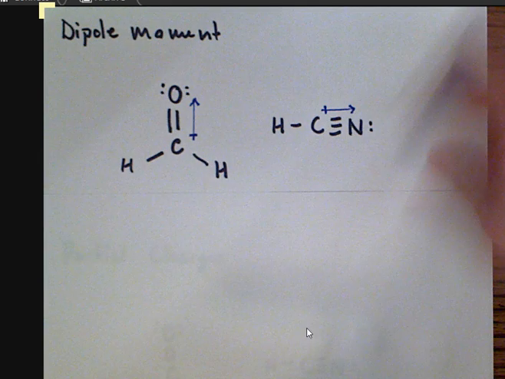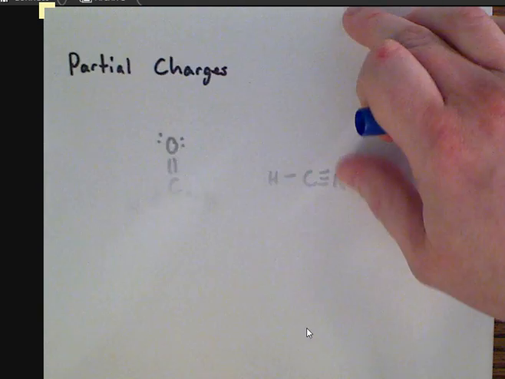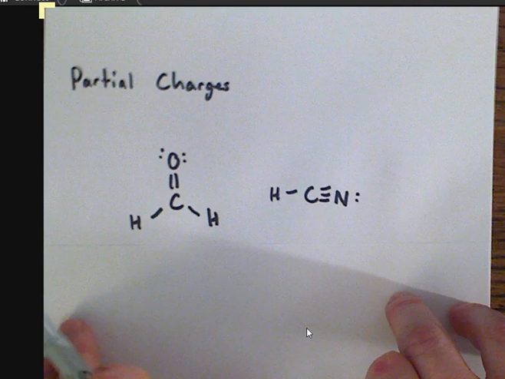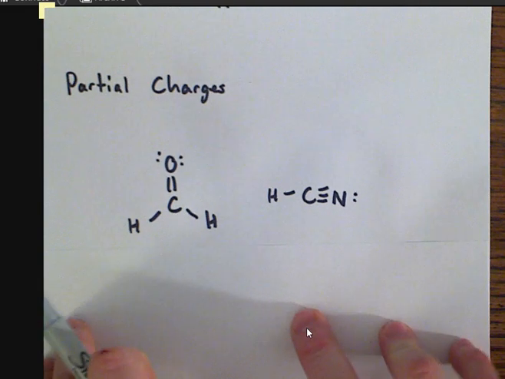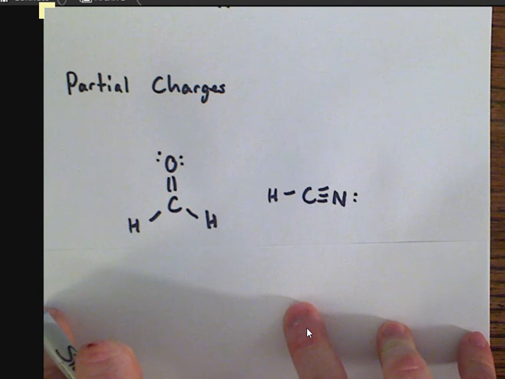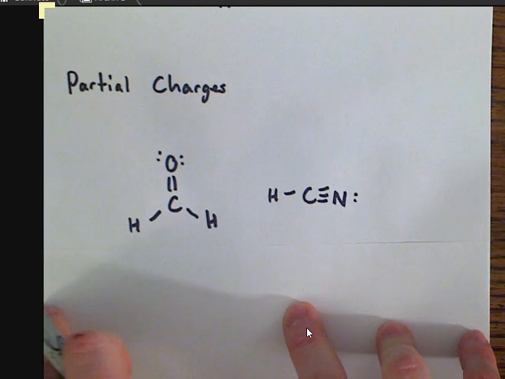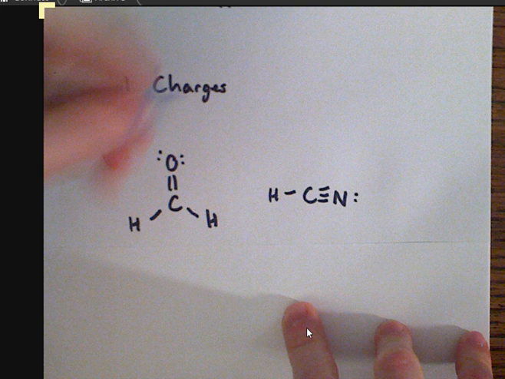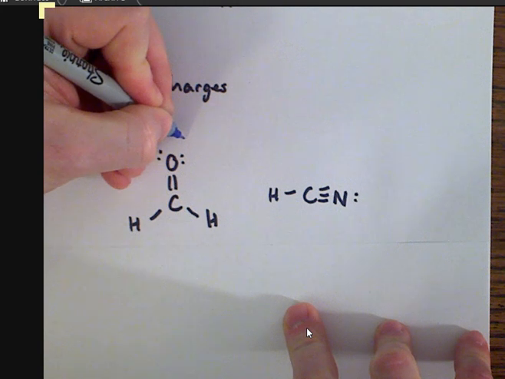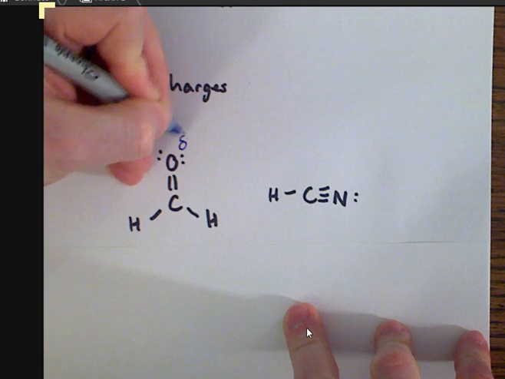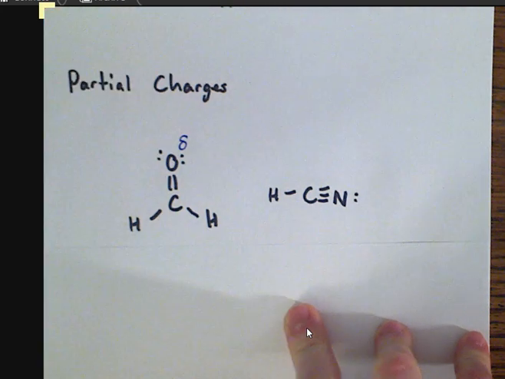The other way that we can represent this is using what are called partial charges. Partial charges indicate the partial charge of the atoms involved in a polar bond. The symbol for partial is the lowercase Greek letter delta, which looks kind of like a closed S on the bottom there.